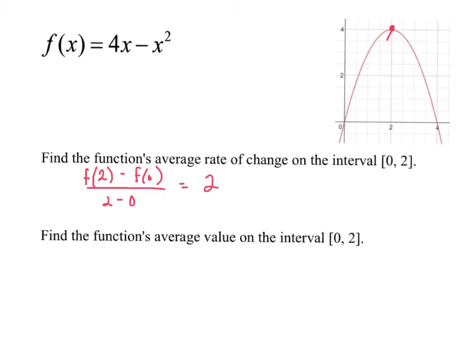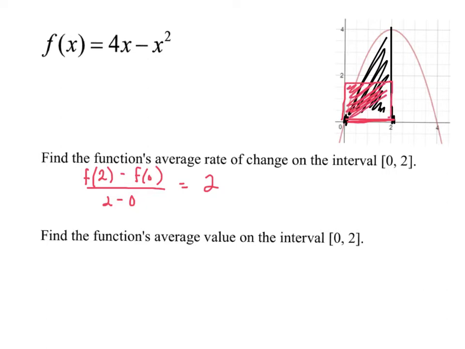Okay. Now, average value from 0 to 2 is basically saying we want to find the area from 0 to 2. So we want to find this area. And then we want to figure out what height a rectangle would have to be to have the same base and the same area.